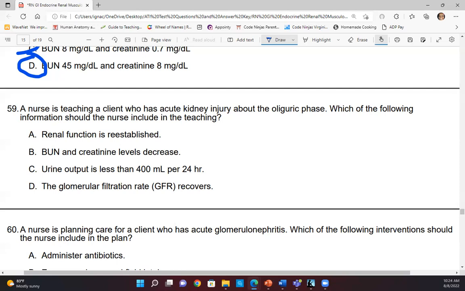Okay, I'm just giving you some time to think about it, and think, is this a positive or negative question? And what's something the nurse should include in teaching?